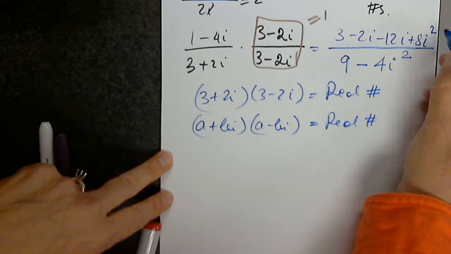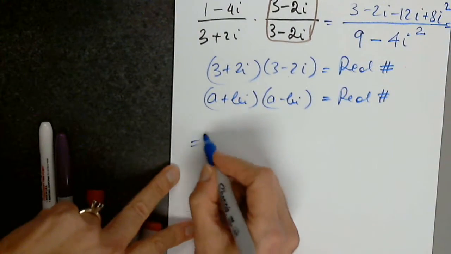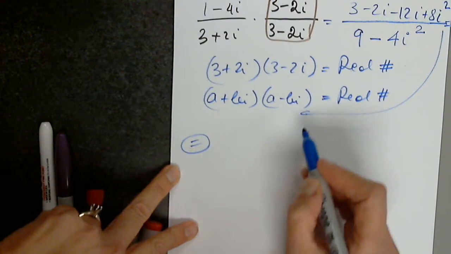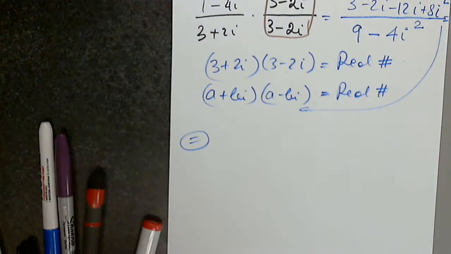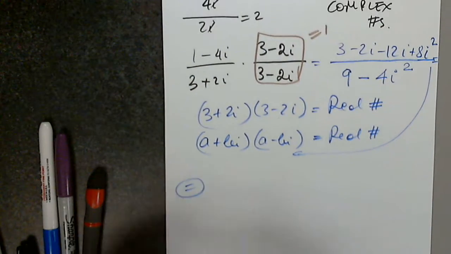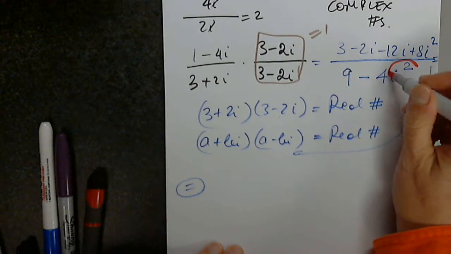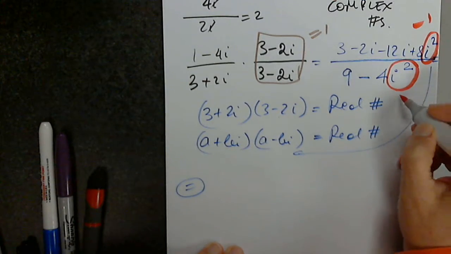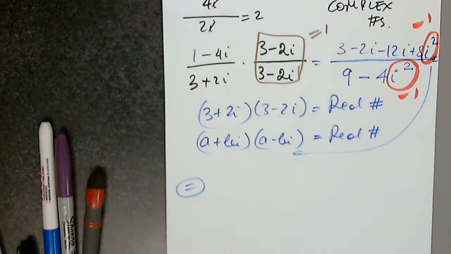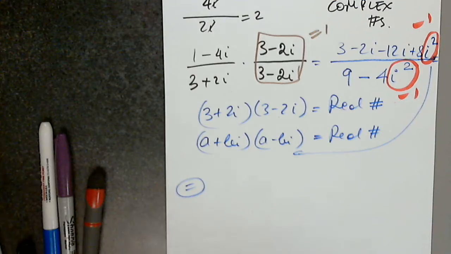Very good. So I will continue here. What do I replace i squared by? Negative 1. Yes. Very unusual. We know that a number squared cannot be negative, but this is not a real number.